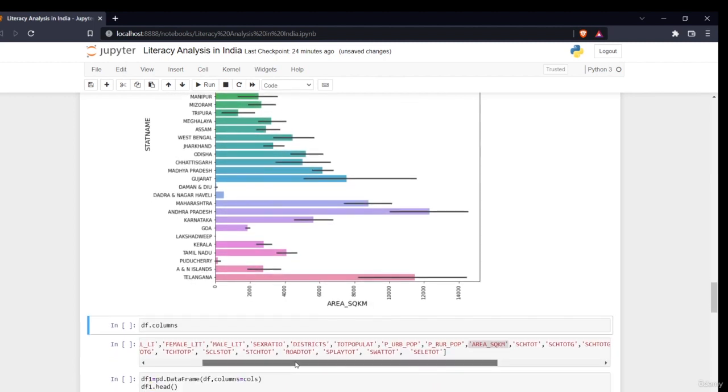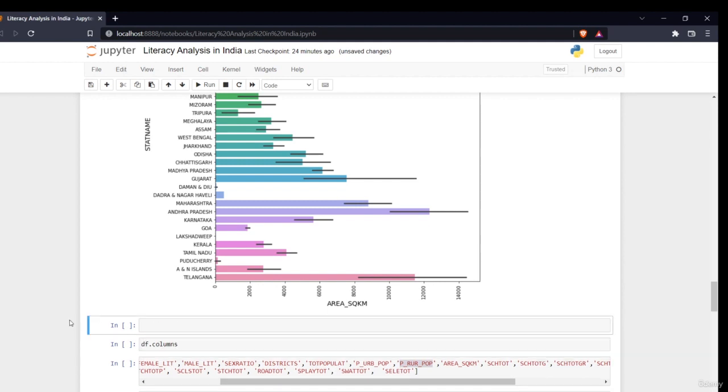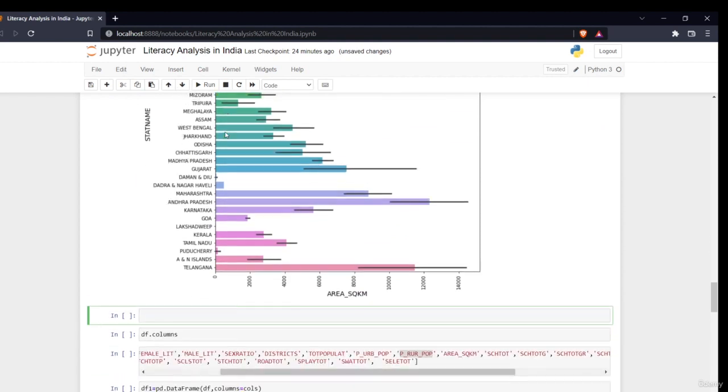If you want to see another one, like the rural population, I'll just go here and plot the same thing. Sorry, I'll just use this here only.